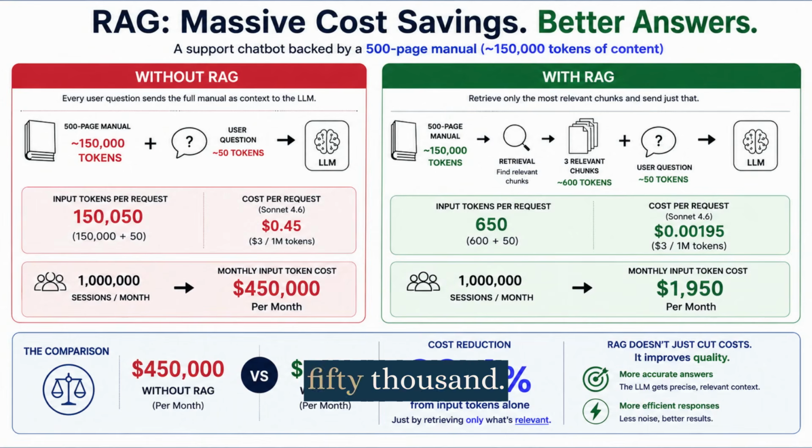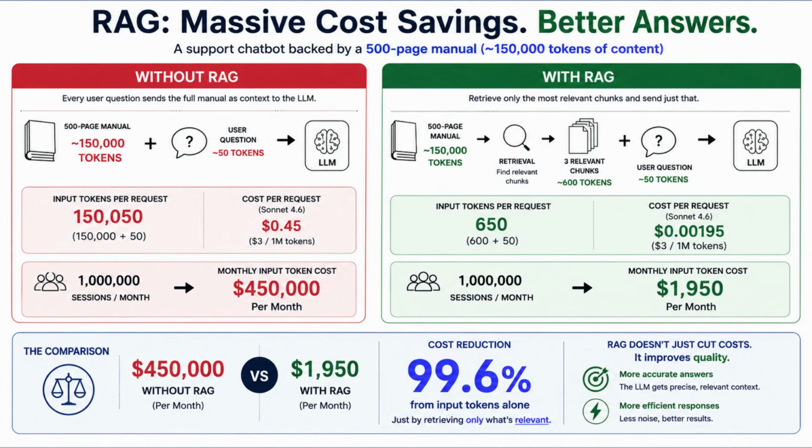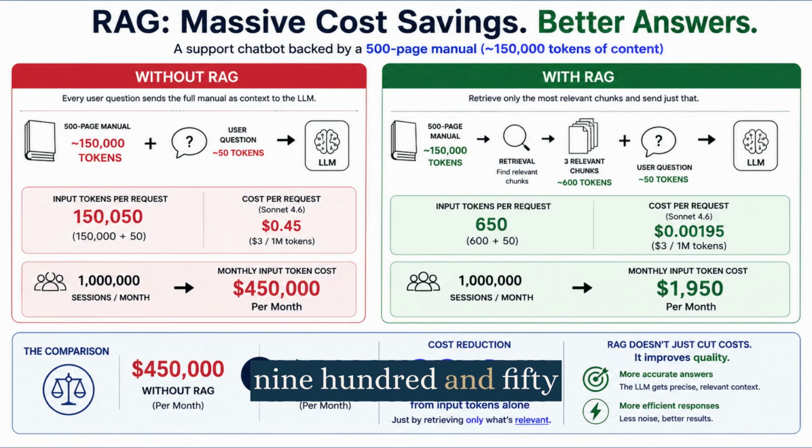Not 150,000, just 650. At the same pricing, that costs less than 0.2 of a cent per request, around $0.00195. Now scale that to 1 million sessions per month. The monthly input cost drops from $450,000 to only $1,950.